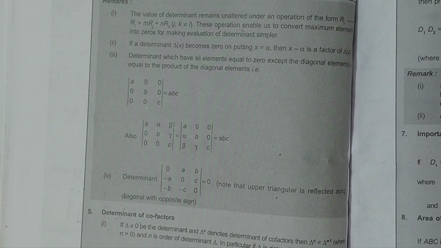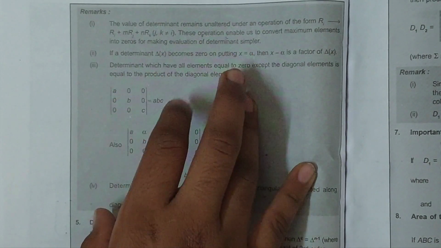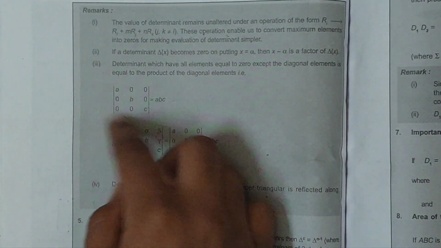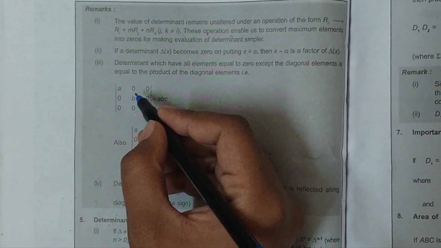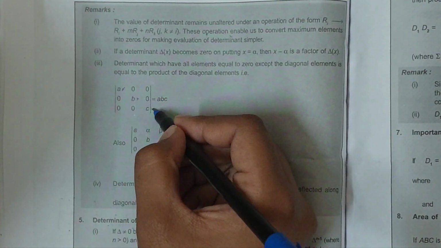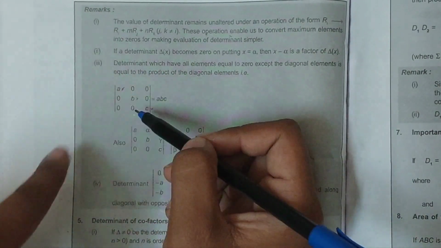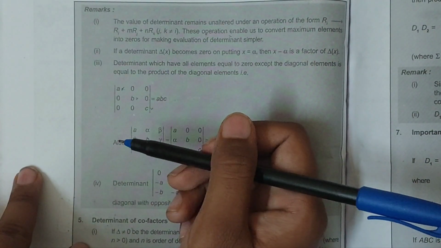It is a very useful property. And if it was something like ax, bx, cx, then in that case if you put x equals 0, the determinant was getting 0.